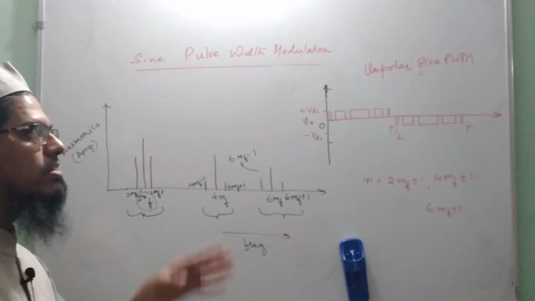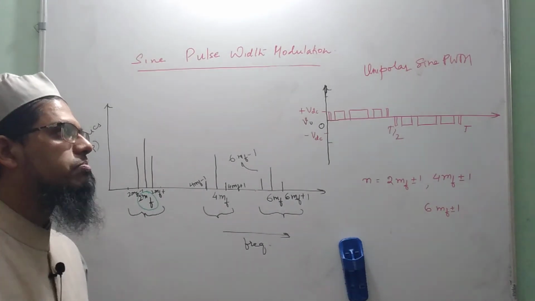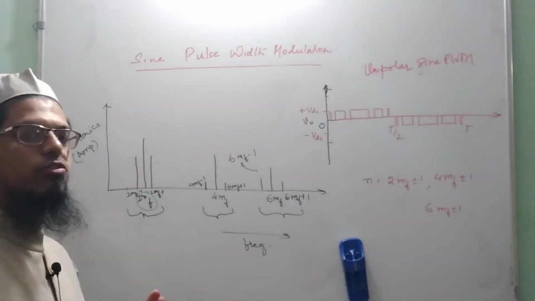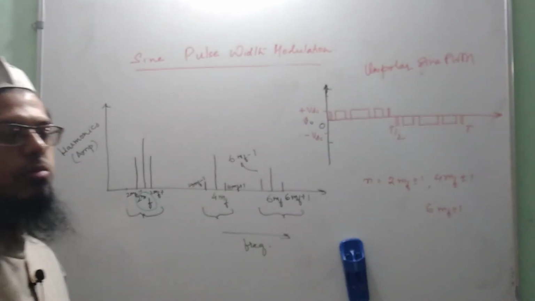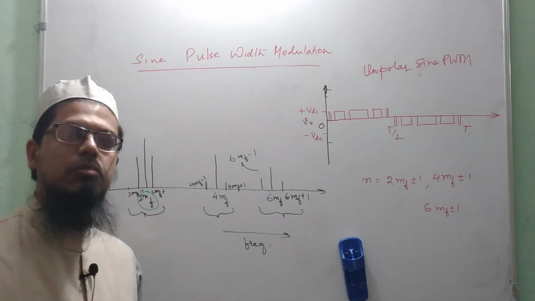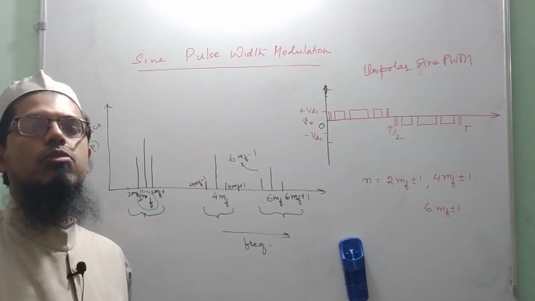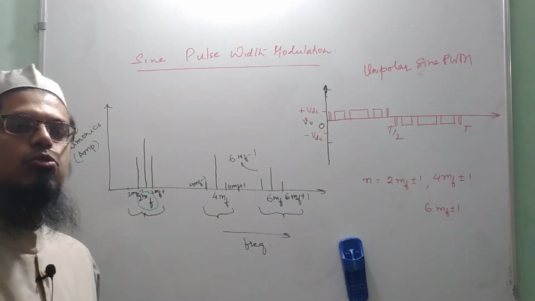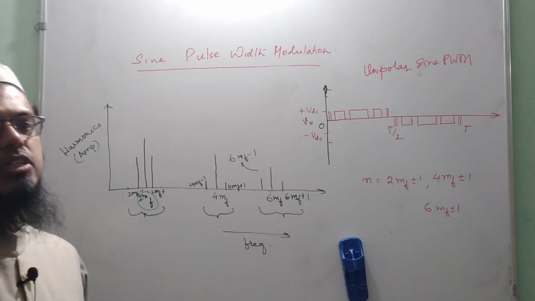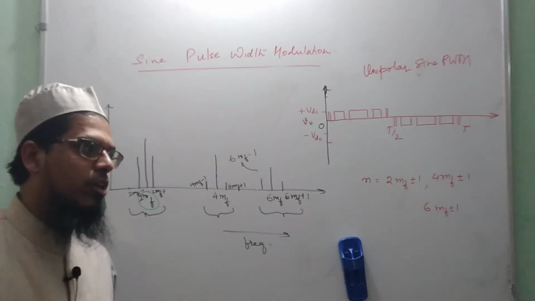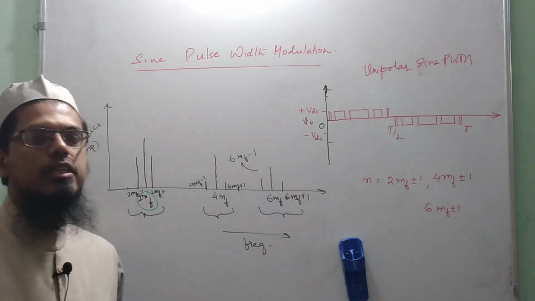So the unipolar sinusoidal PWM scheme is better in terms of harmonic spectrum. The output voltage waveform has a better voltage spectrum, and we require a smaller filter to eliminate the harmonics present in the output voltage waveform. With this I stop here, and thank you for watching.